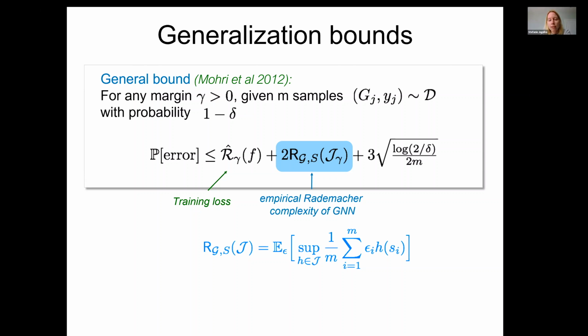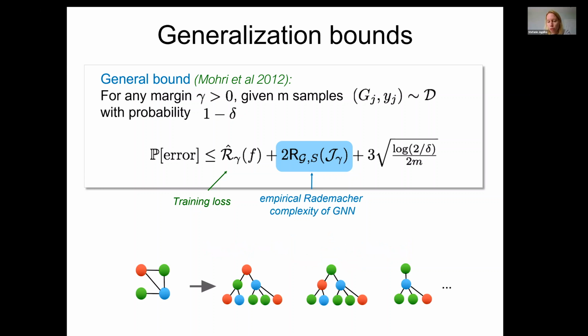This complexity in general is non-trivial to compute. When we look at graph neural networks, we have to think back again to how they actually compute their embeddings. They are using the computation tree: they have the collection of node embeddings, and each node embedding corresponds to one of these computation trees that describes how it's computed.